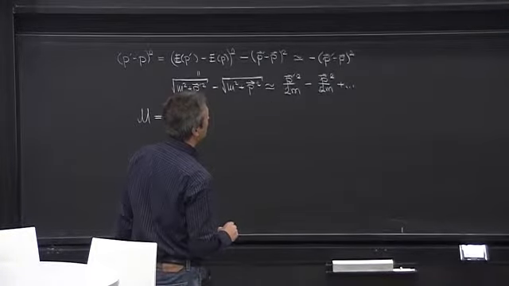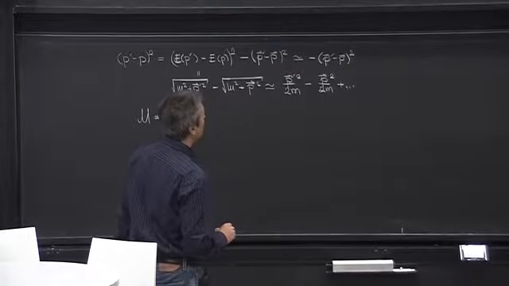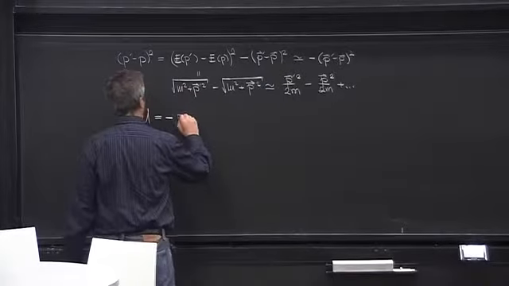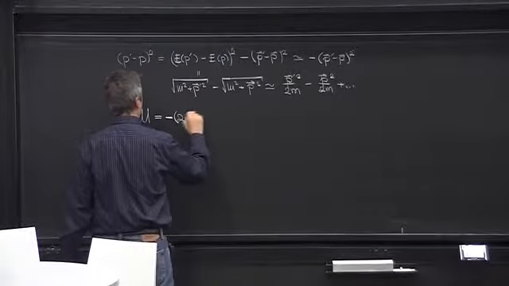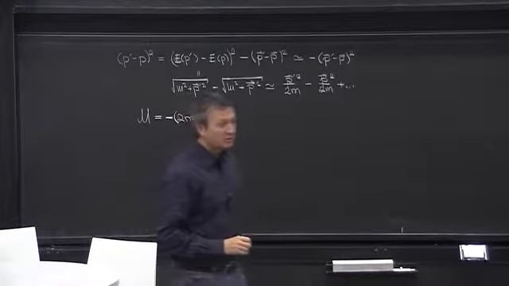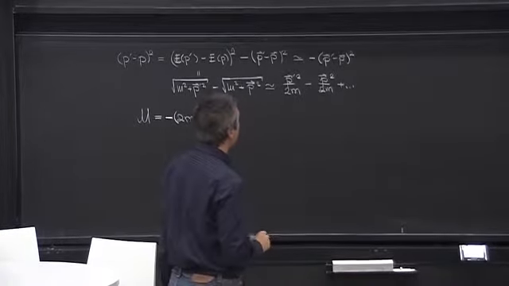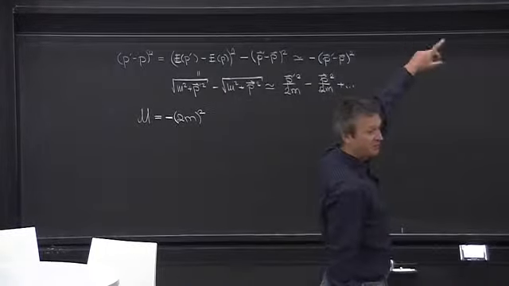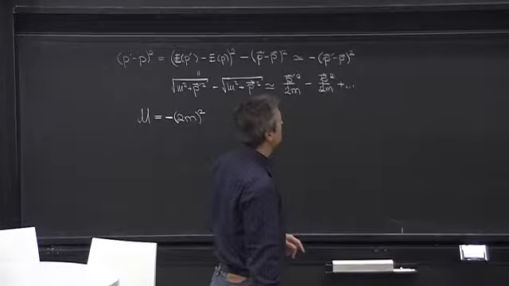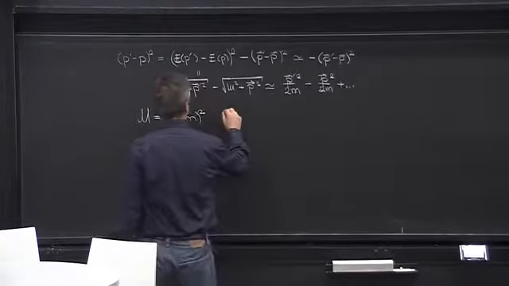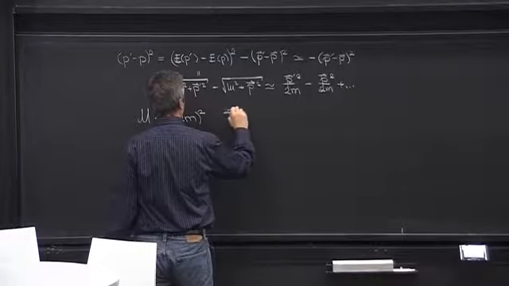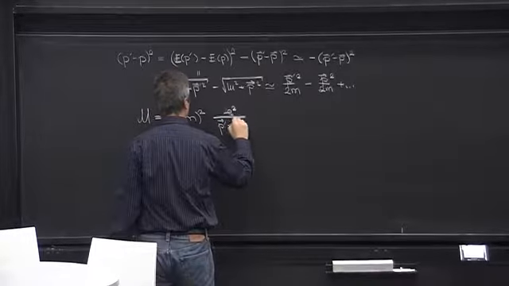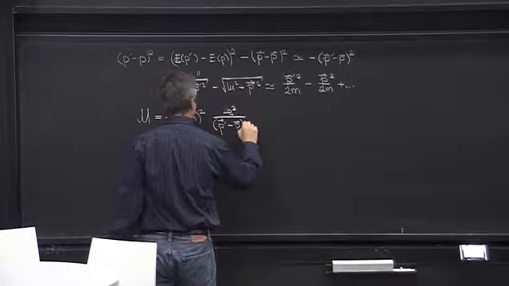Then what we'll get is a factor of, let's say, 2m squared. This comes from normalization of the external wave functions. And this is the only remnant left from the matrix elements of the spinors. And so here we'll have e squared divided by (p' minus p) squared.